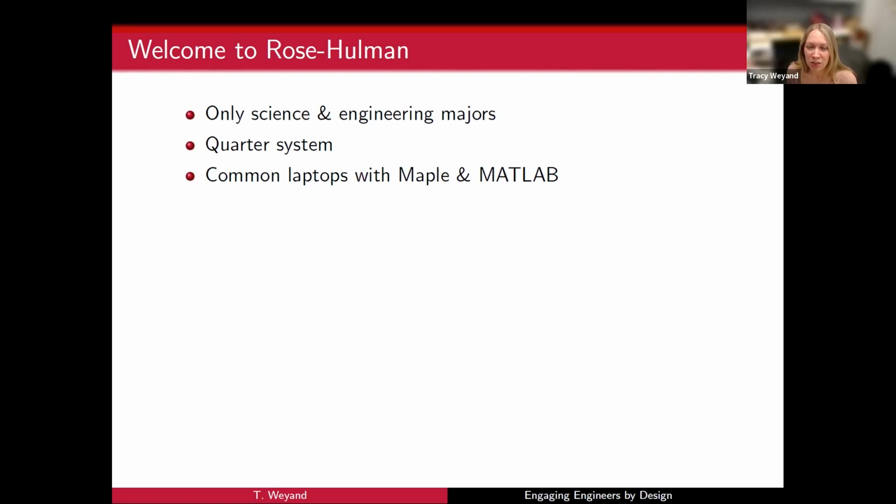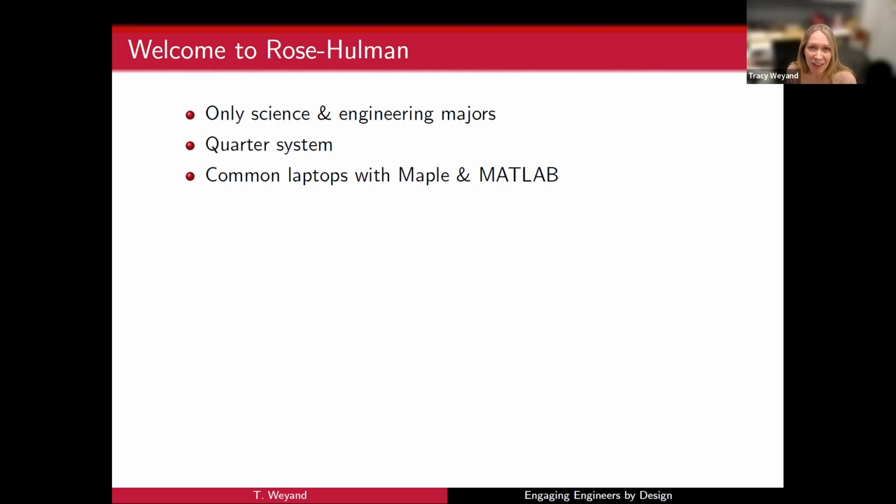We're also on the quarter system, which is probably why our schedule looks a bit unusual and our order of topics is not traditional. Students here usually take 2 quarters of differential equations rather than 1. I'll talk a little more about that in a moment.